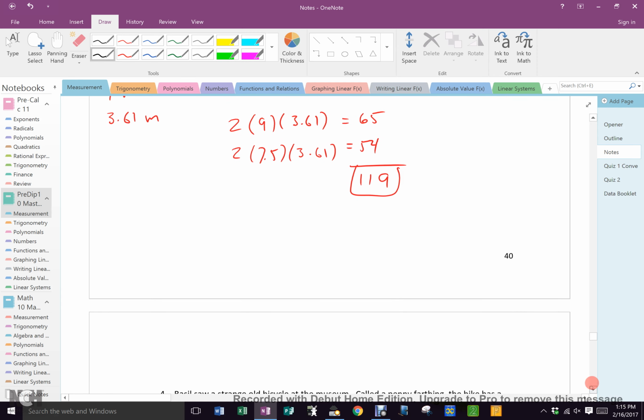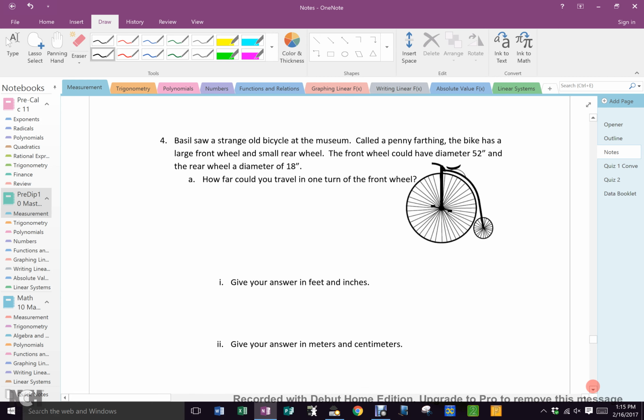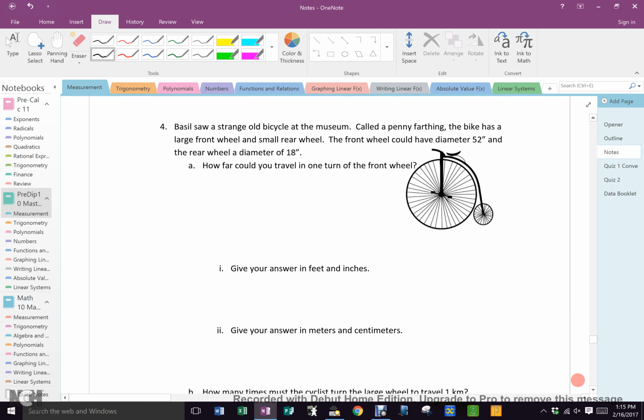15 more minutes. There will be no homework tonight, of course, because I want you to study for your quiz. Last question today. Bicycle at the museum. Large front wheel, small rear wheel. Front wheel is 52, rear wheel is 18 inches. How far do I travel if I turn that front wheel around once?